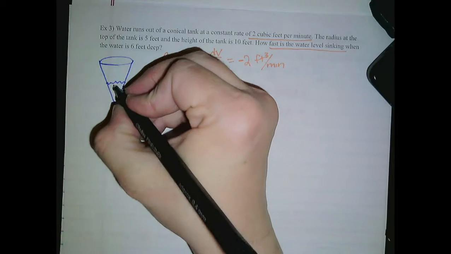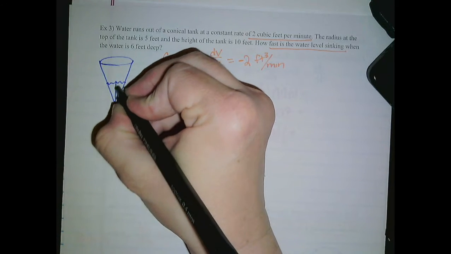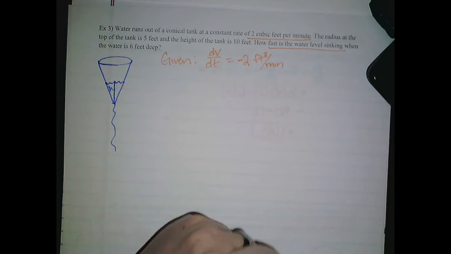And then we want to know how fast is the water level sinking. So when we're talking about the water level, if we come back over here, we're talking about the deepness of that water. So maybe we'll call this H for the height of the water. So they've given us dV dt, and we're asked to find the rate of change of the height of the water.